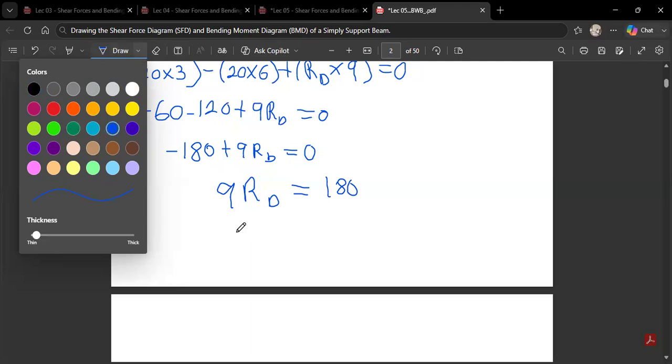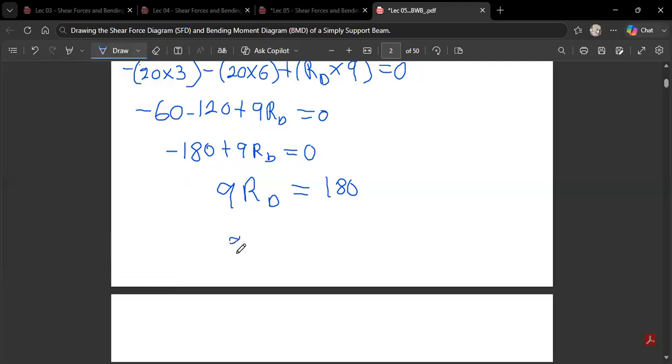That is 9 RD is equal to 180. I intentionally repeated it again so that if I do the division, you can still see it clearly. So I divide here by 9, and I divide here also by 9. So this 9 will take care of this 9.